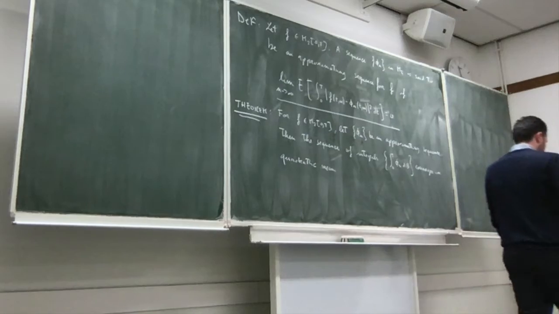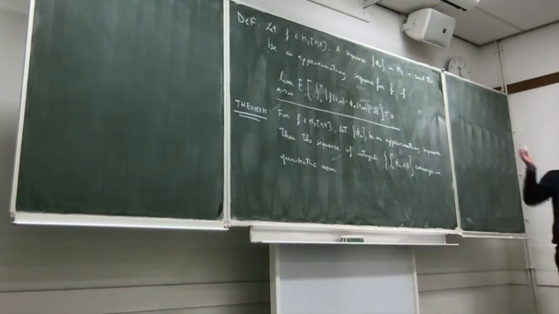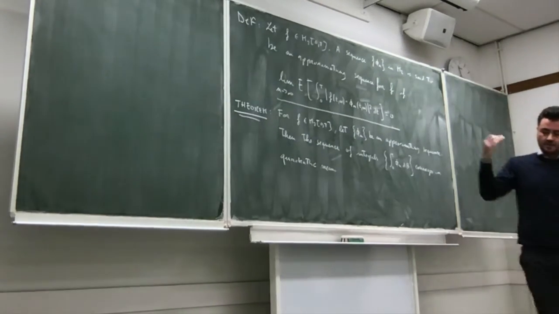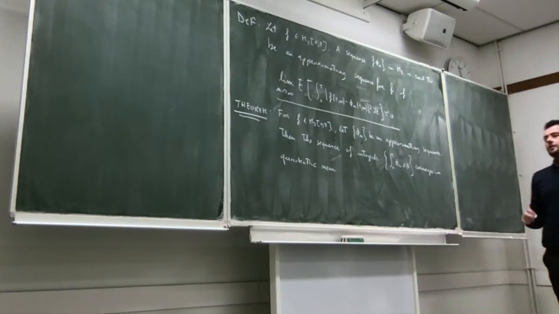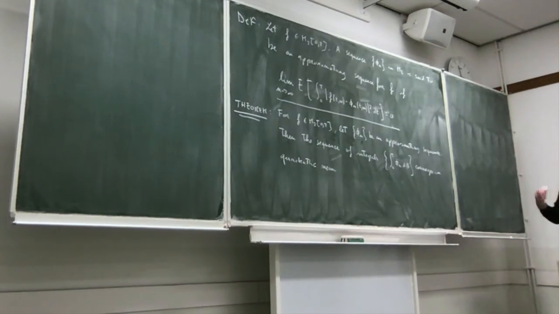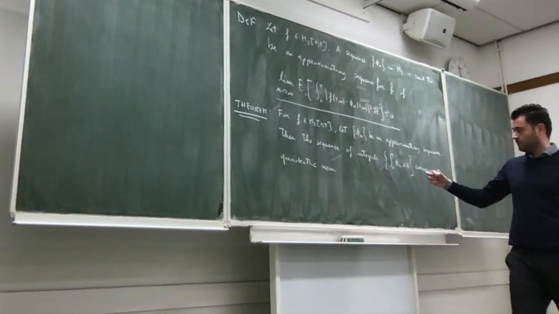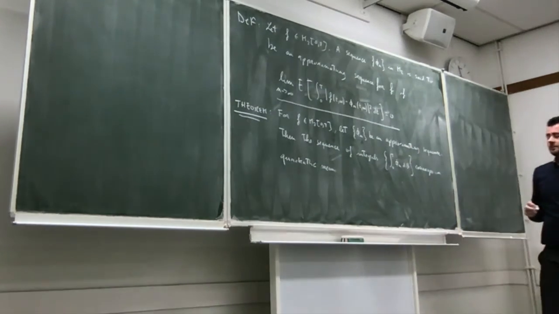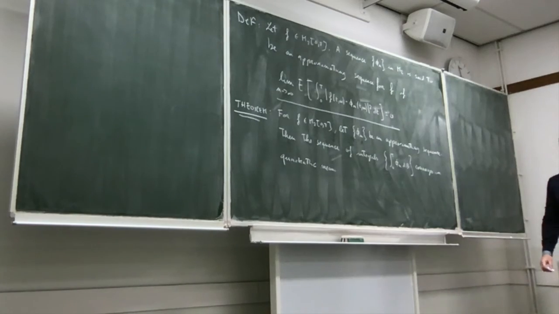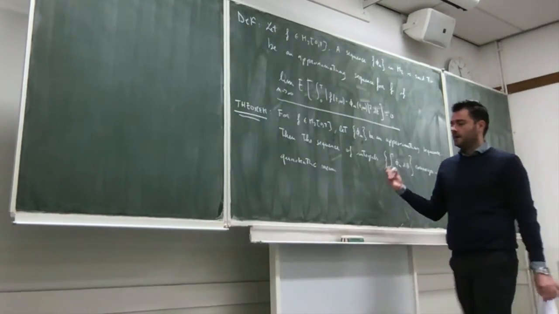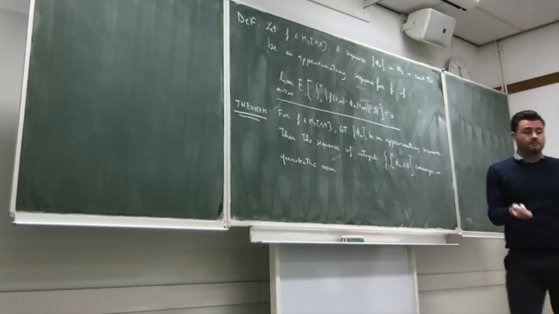So I have my sequence that approximates f, simple processes that approximate a generic f in my M2 class. Then I define the sequence of the Ito integrals for simple processes based on my sequence phi n. And what I can show is that it converges in quadratic mean.